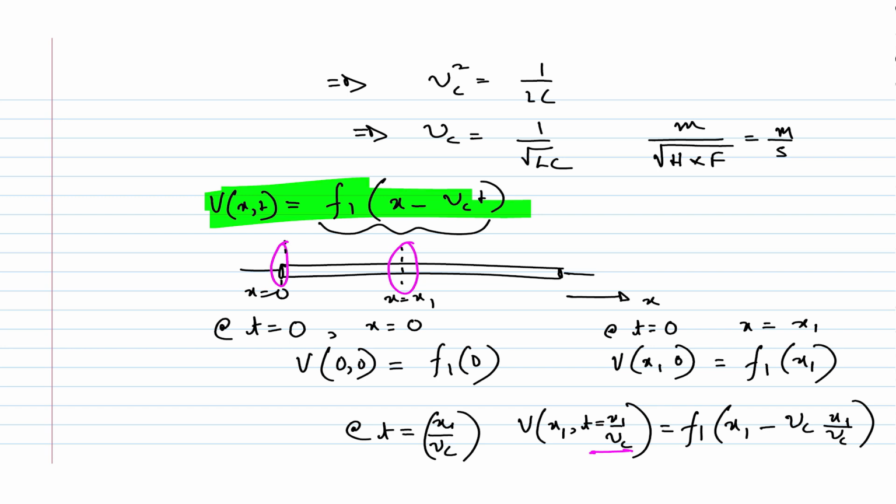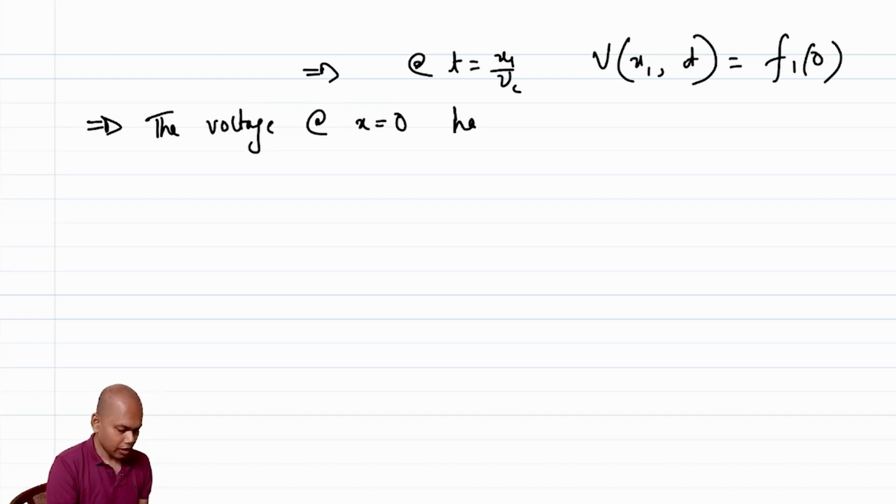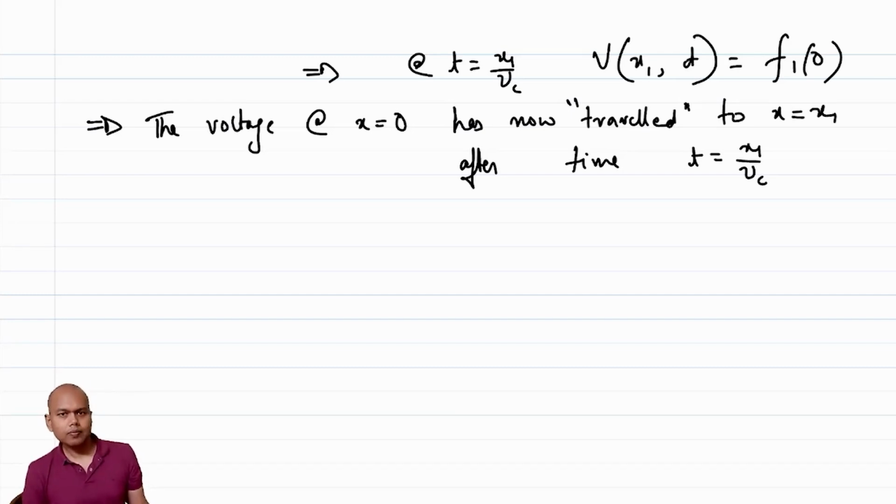So in plain English, this implies the voltage waveform at x equal to 0 has now traveled to x equal to x1 after time t equal to x1 by vc, right?